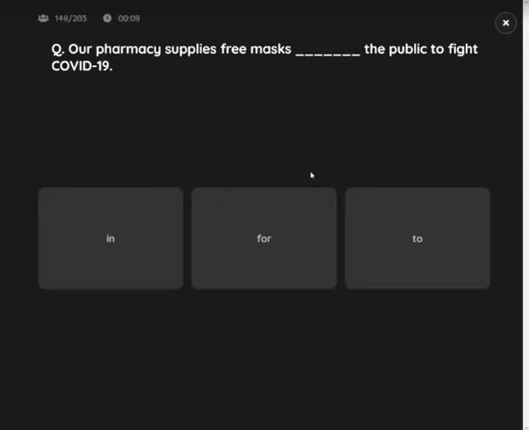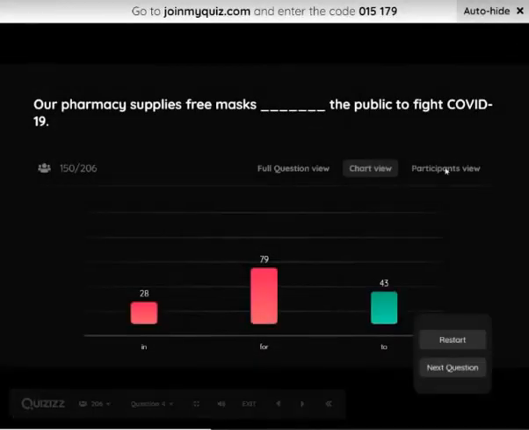Some pharmacies are generous enough to give away masks to the public to help them fight COVID-19. All right. It is to.